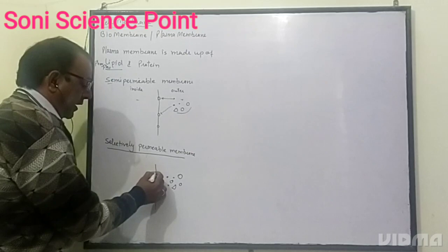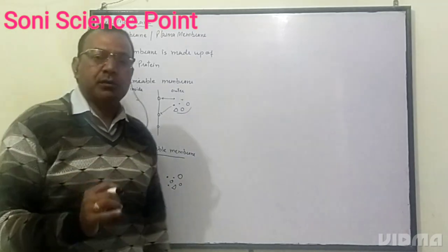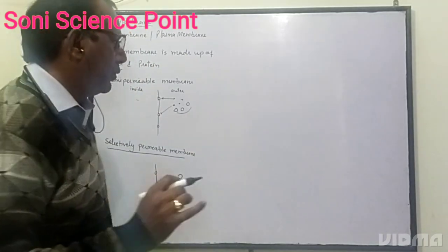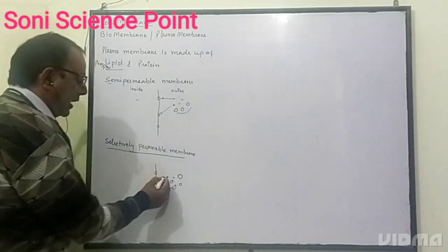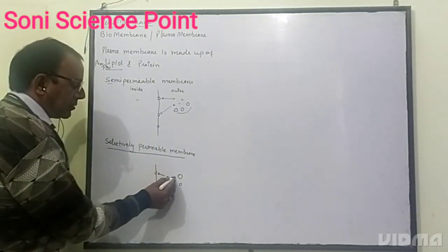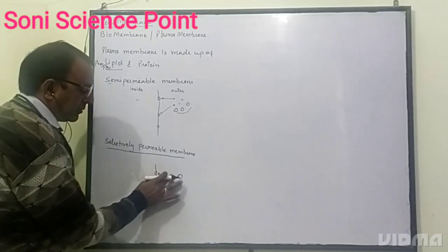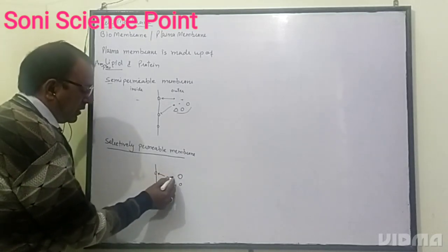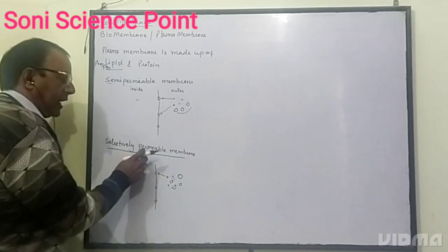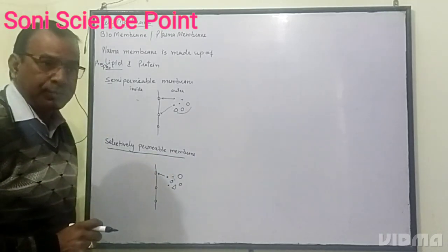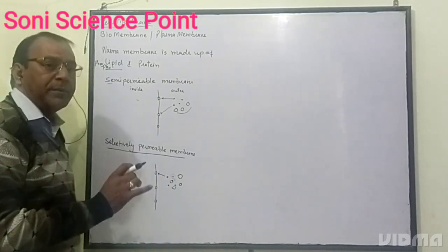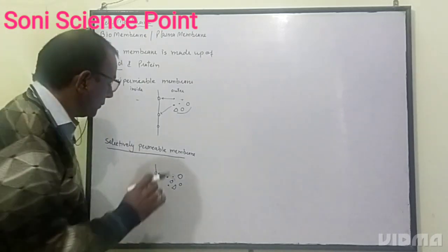The plasma membrane only allows those substances which are useful for the membrane. Maybe this substance is smaller than the pores, but the plasma membrane doesn't allow this substance to enter through these pores. It allows only those chemical substances which are useful.